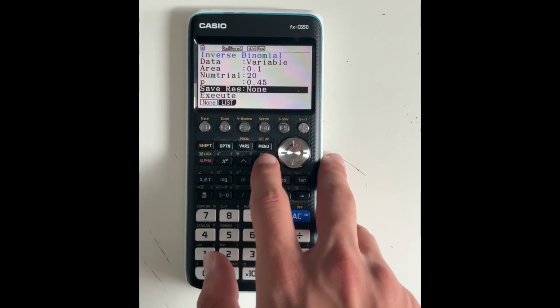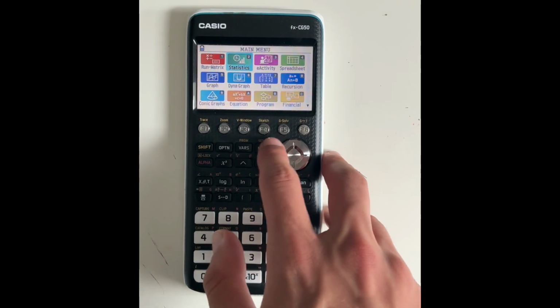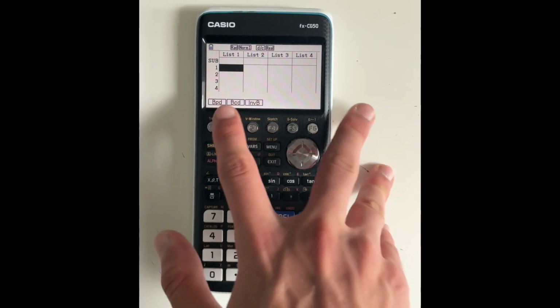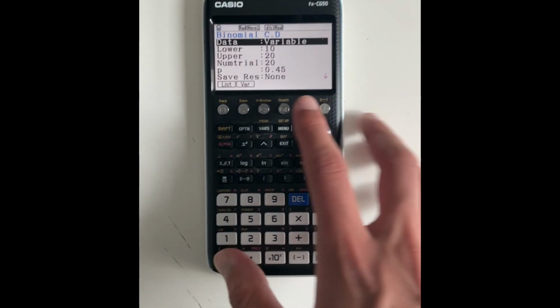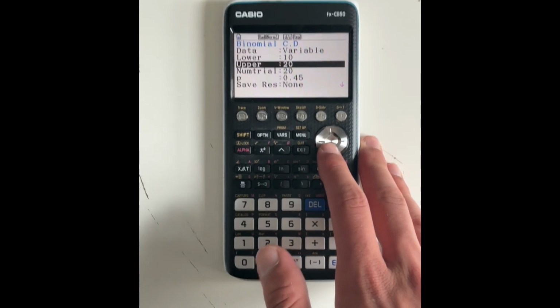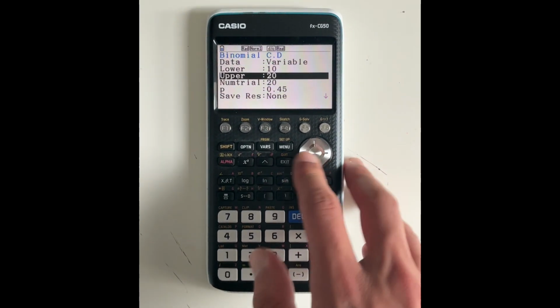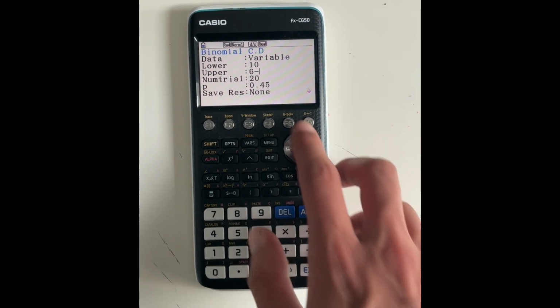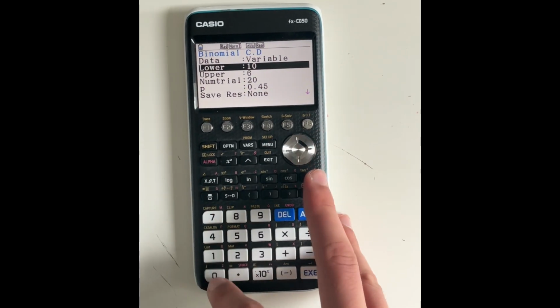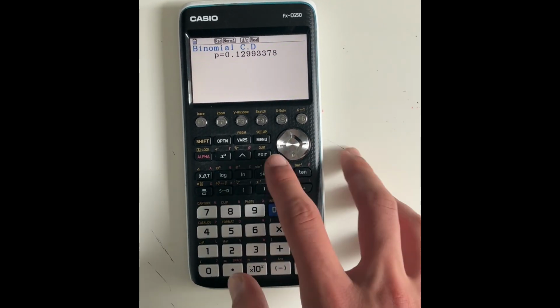So here we would go back to start, and again menu, statistics, distribution, binomial, and now we go to BCD. Because we said it was smaller than or equal to 6, our maximum would be 6, so our upper would be 6, and our minimum would be 0, all the way down to 0.